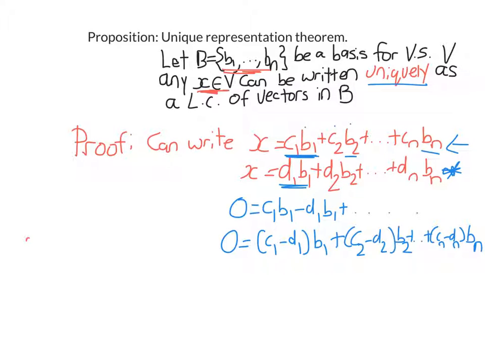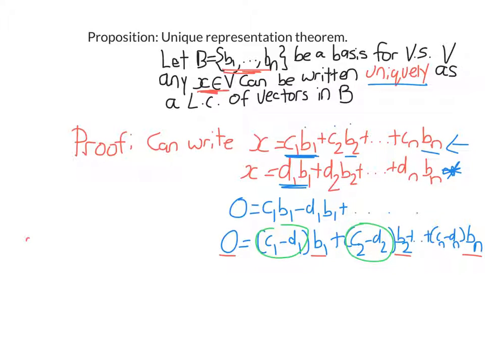So remember, by definition, the vectors B1 to Bn are linearly independent if and only if scalars times each of them equaling 0 has only the trivial solution, that is, each of these scalars is equal to 0.